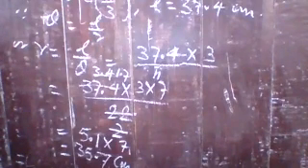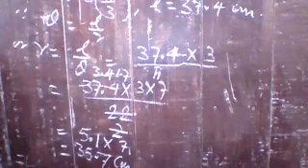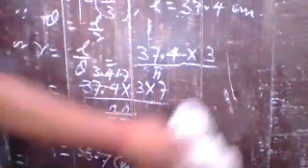Diameter is given and the length of corresponding chord is given. Okay, just see.